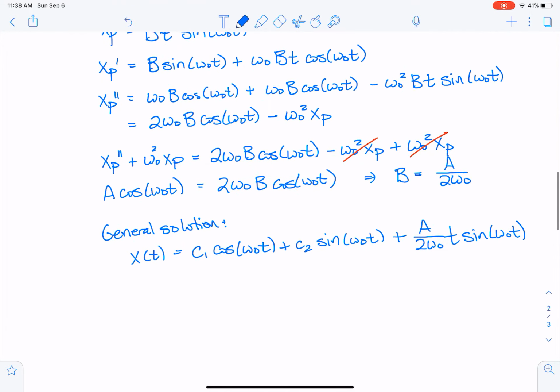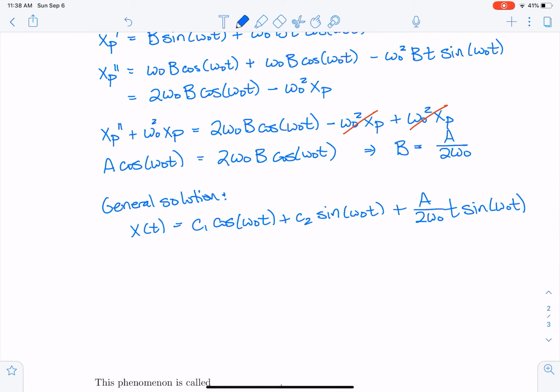Now, just like we did before, we're interested in the behavior of the system when it starts at rest and it has no initial velocity, so that the only thing that is driving this system is the external force. In that case, we would get that C1 and C2 would equal 0.